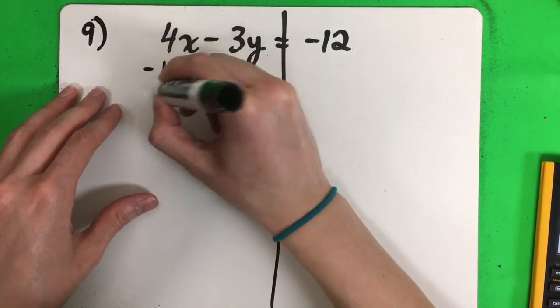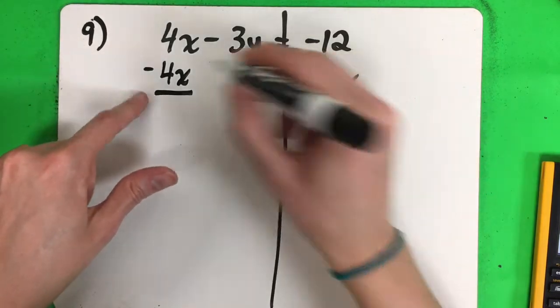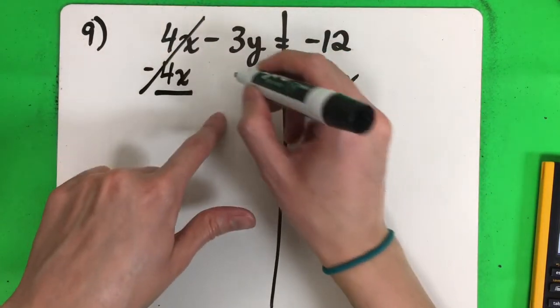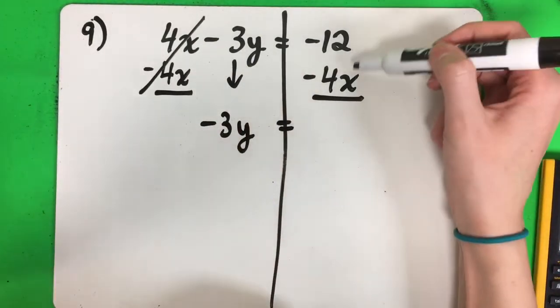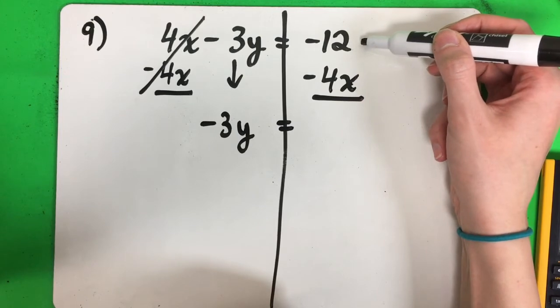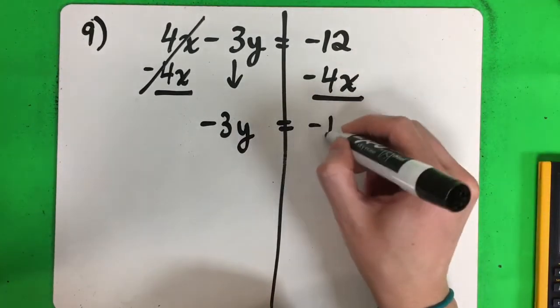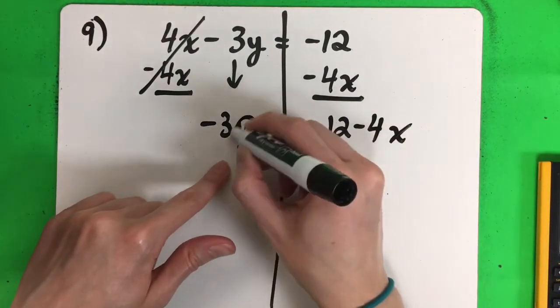So minus 4x, copy, minus 4x. 4 minus 4 is 0, cancel. Copy down, negative 3y equals. These are not like terms. So here there's an x, here no x. So you're going to copy negative 12 minus 4x.